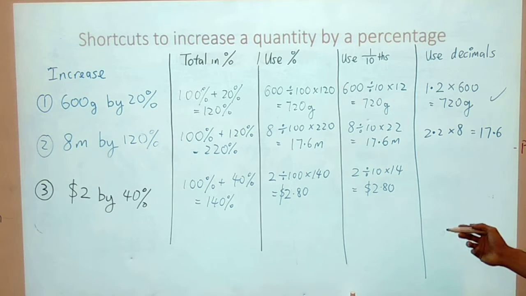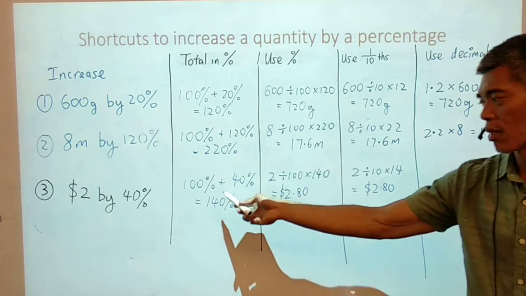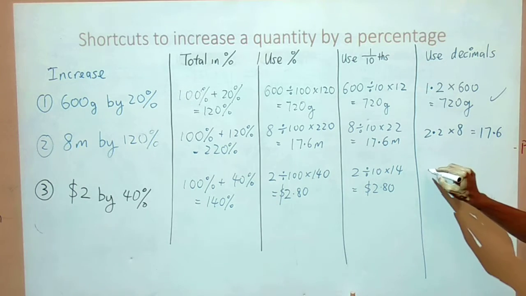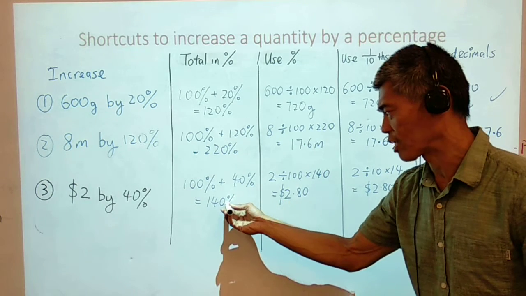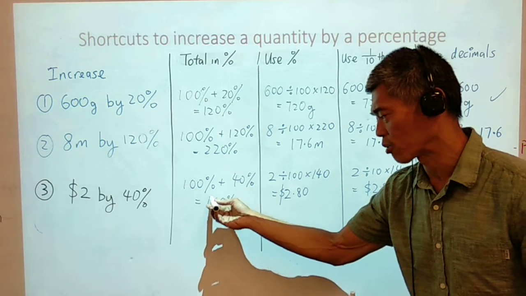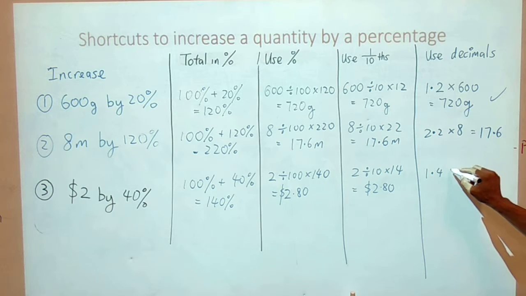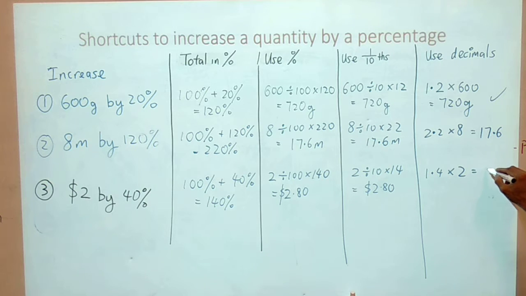Because the swiftest method is to recognize that 140% is actually 1.4 as a decimal. Again, moving the decimal place 2 decimal places to the left. So 1.4 times 2 gives us $2.80.